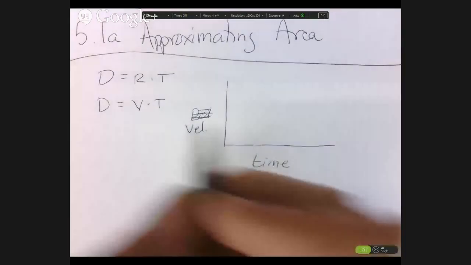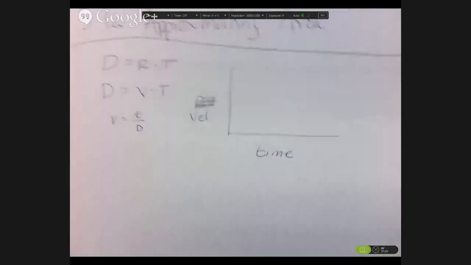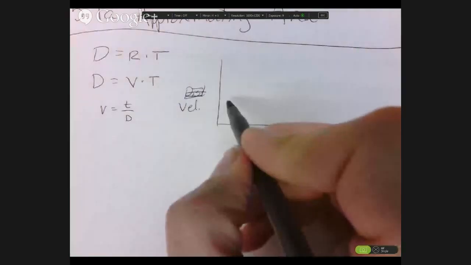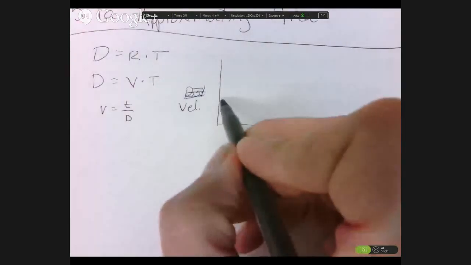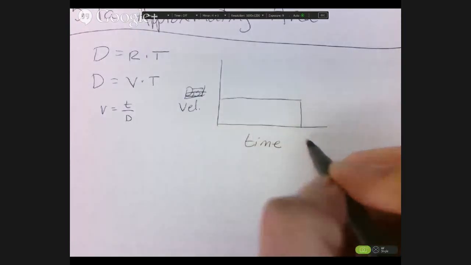This would be something like that. Okay. Let's say your velocity is constant over a given period of time.